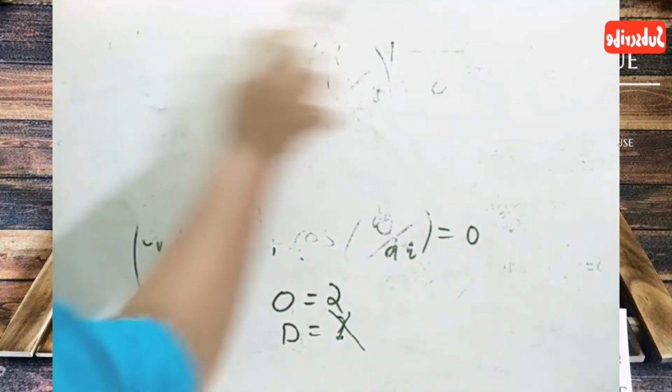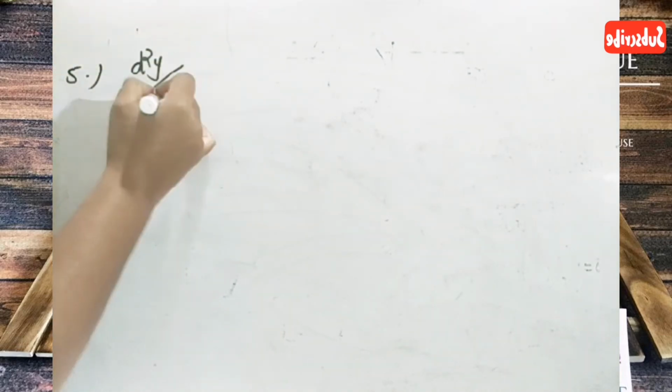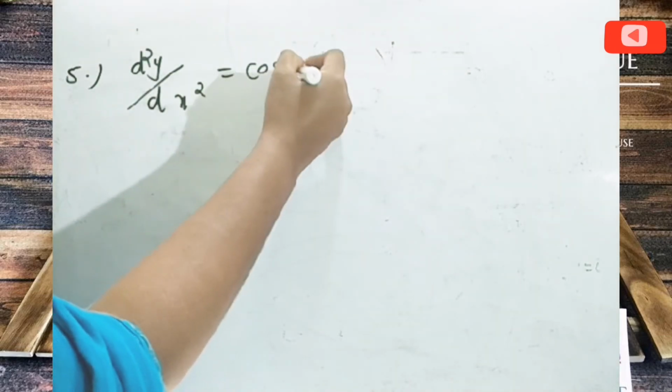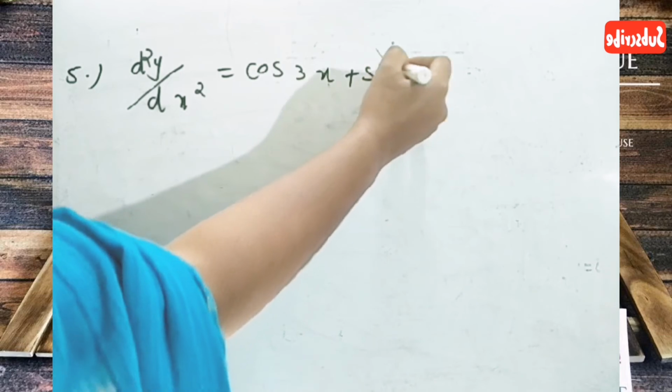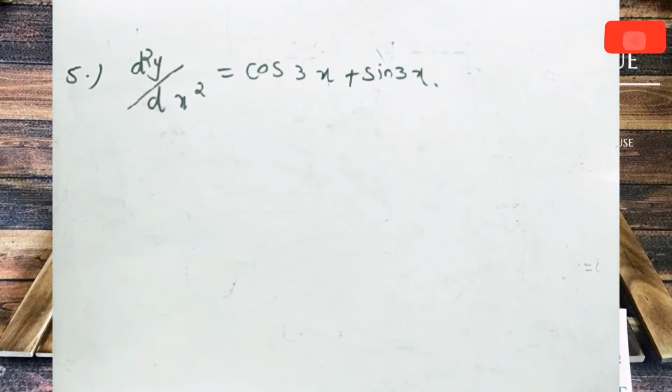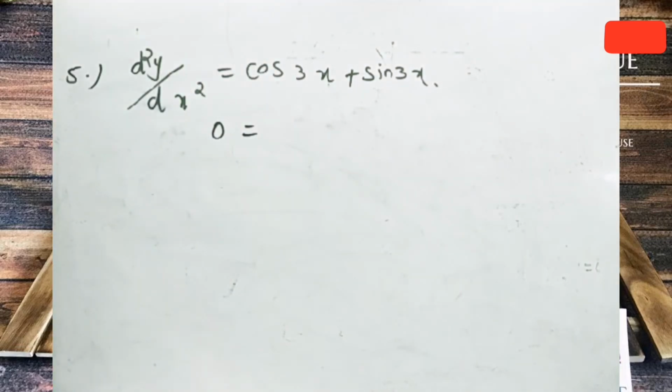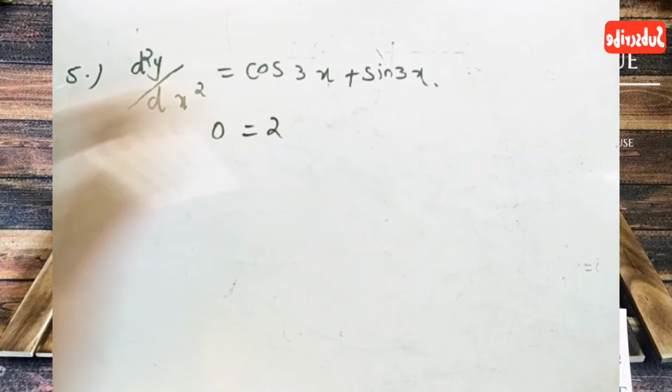Fifth one: d²y/dx² = cos 3x + sin 3x. The highest order present is d²y/dx², so the order is 2.